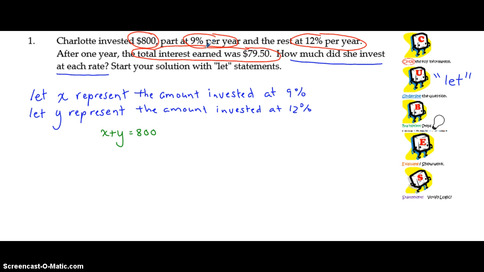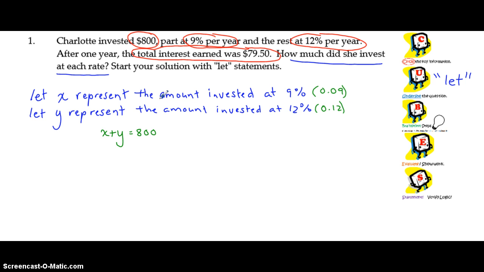The second equation brings in these percentages. So with interest, what you're doing is you're taking the amount of money that you invest and you multiply it by the interest rate. But your interest rate has to be expressed as a decimal. So 9% is 0.09, 12% is 0.12.